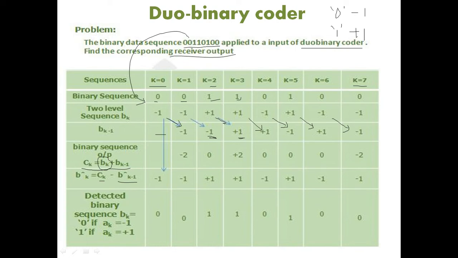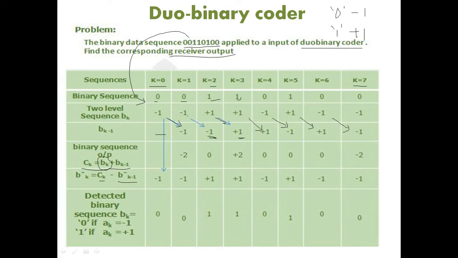Now what is the operation performed between bk and bk minus 1? The addition of these two is nothing but ck. Here we may have a doubt: modulo 2 addition or normal addition? Here the binary sequences have been converted into voltage levels, so it is normal addition.